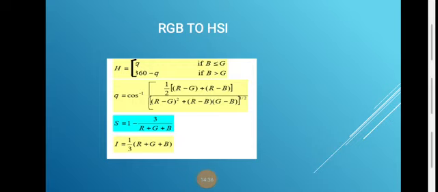The theta component is the cos inverse of one half times (red minus green plus red minus blue) divided by the square root of (red minus green) squared plus (red minus blue) times (green minus blue). The saturation component is 1 minus 3 divided by (R plus G plus B) times the minimum of R, G, B, and the intensity is 1 divided by 3 times (R plus G plus B).